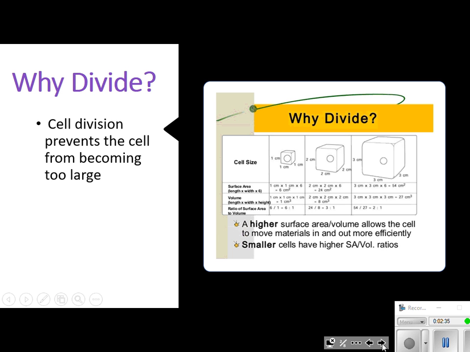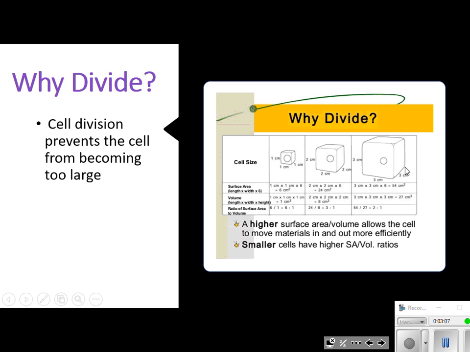It's really hard to see, I know. I wish this slide, I'll probably end up replacing this. But we're looking at a small cell as opposed to a big cell. Small, medium, large. And we're talking about the surface area to volume ratio. A higher surface area to volume ratio allows the cell to move materials in and out more effectively.